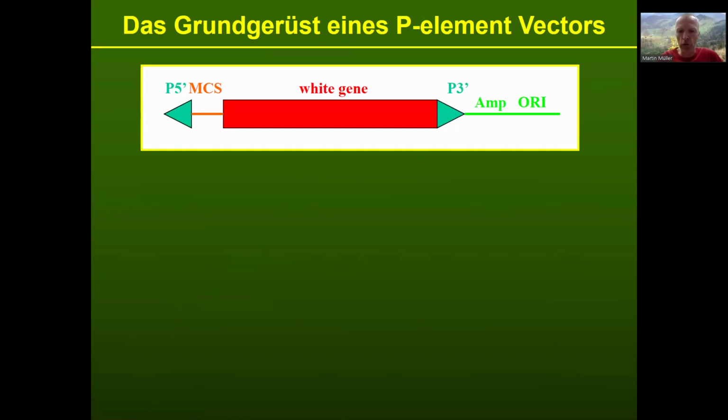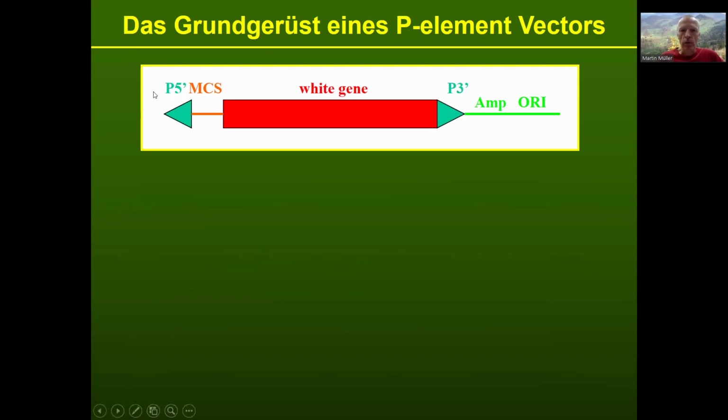I have told you that its gene product is required to import pigment into the eye and give eye color. So this here is our transposition marker. It will help us to identify an insert. I will show you how this looks in a moment.